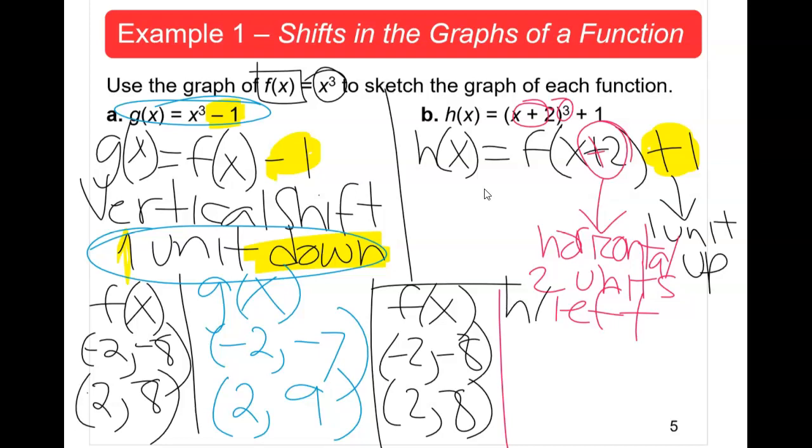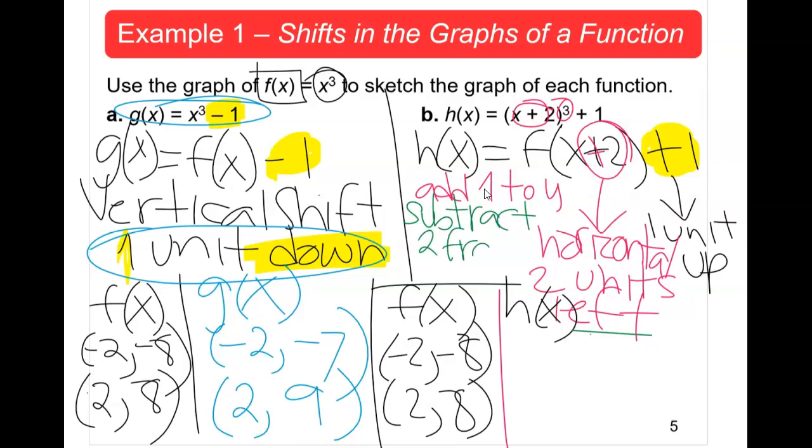So here for h of x, what's happening is we're going to add 1 to y, and then we're also going to, what will we do here? We're moving to the left, so we're going to subtract 2 from x. So the points are going to look this way. So to the x, to the -2, we're going to subtract 2, and then comma, and to the y, which is a -8, we're going to add 1.